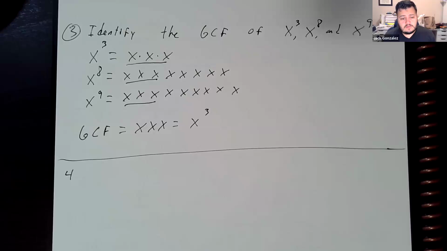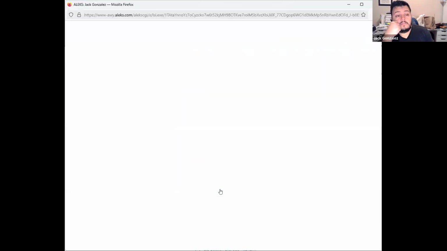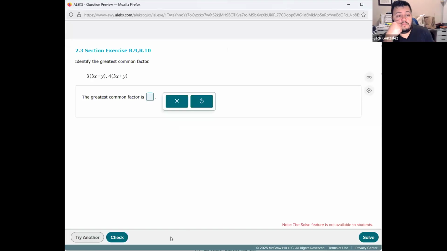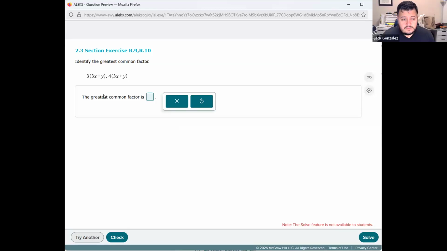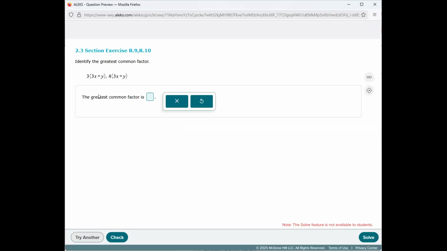So anything that can be factored could have some GCF stuff. Like check this one out. What do these two have in common? 3x plus y.